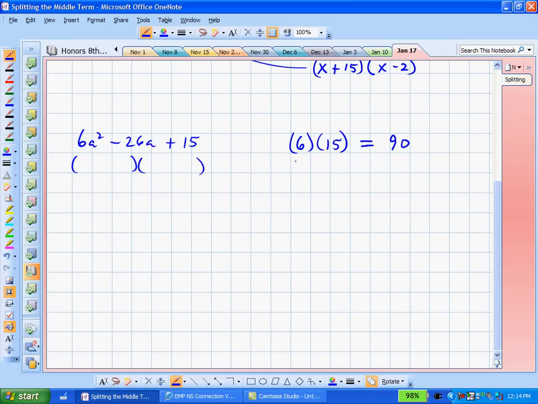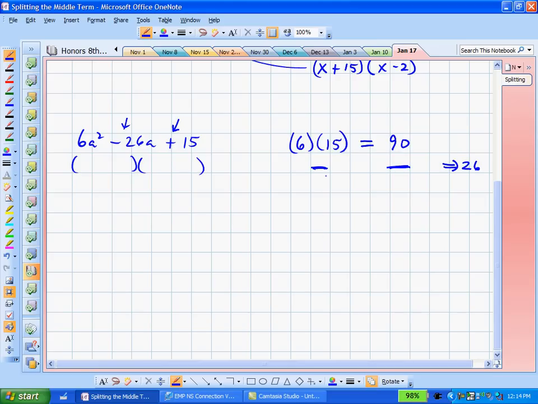What are the signs going to be? The product is positive, but they add up to a negative, so we're going to have a negative and a negative. Right? So I'm looking for factors of 90, which add up to some negatives and some more negatives, where my target number is 26. They have to add up to 26.